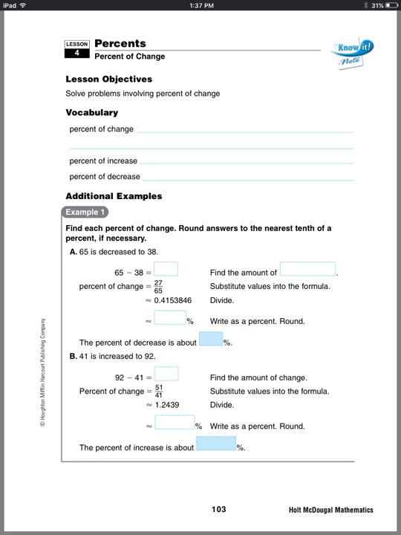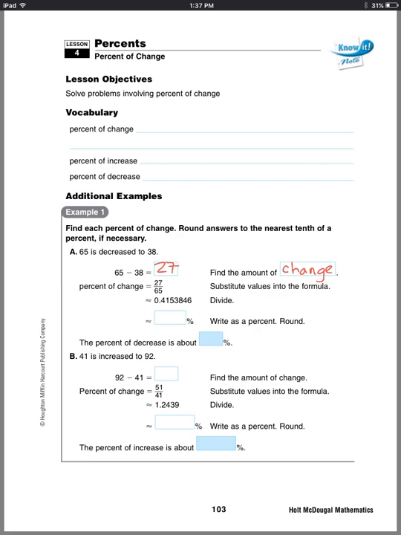So in order to do that, the first thing is we have to find our amount of change. And in order to find our amount of change, all we do is subtract our two numbers that they give to us. So it's always the biggest minus the smallest, and we get 27. Now percent of change is written as a fraction.